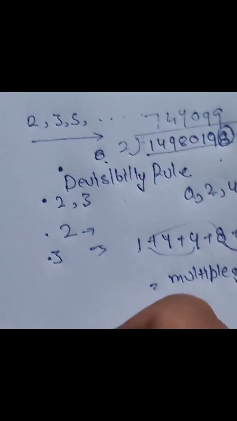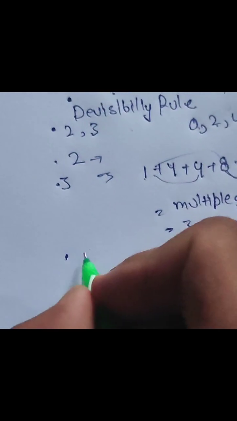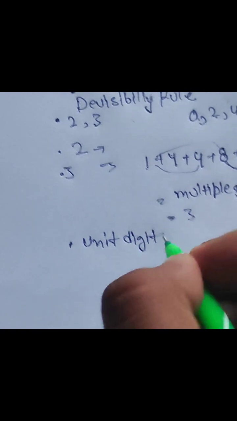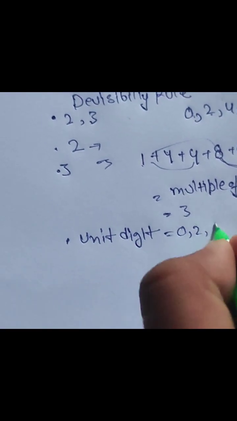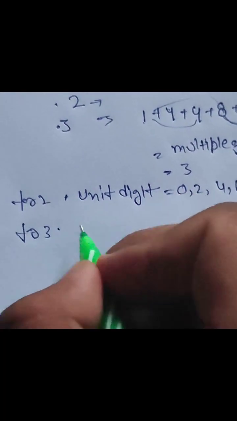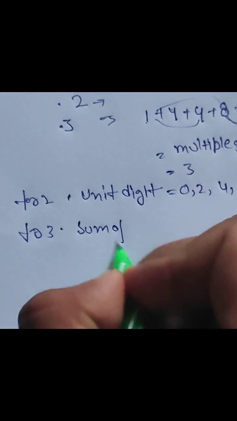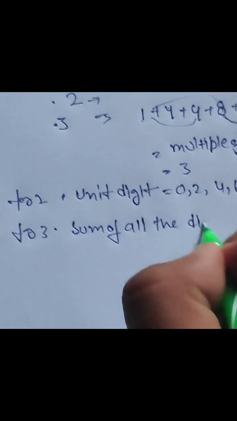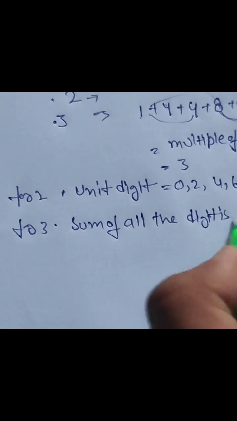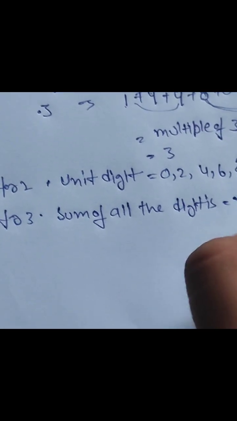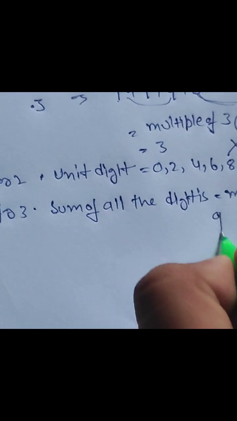So for 2 we say the unit digit is 0, 2, 4, 6, 8, and for 3 the sum of all the digits is a multiple of 3.